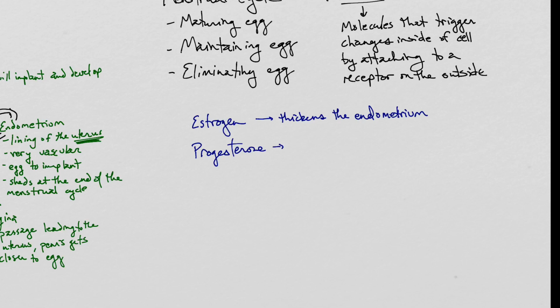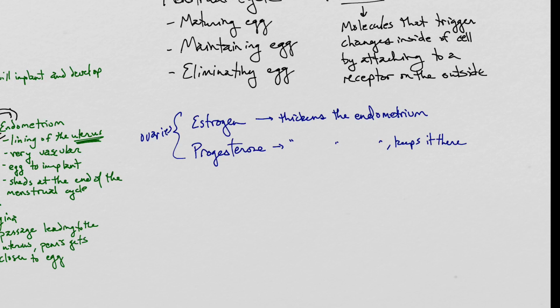Progesterone also does this. It also thickens the endometrium. But this one keeps it there, whereas estrogen stimulates the start of the thickening. Now, all hormones are produced in a place and then secreted around the body. And these hormones are produced in the ovaries.